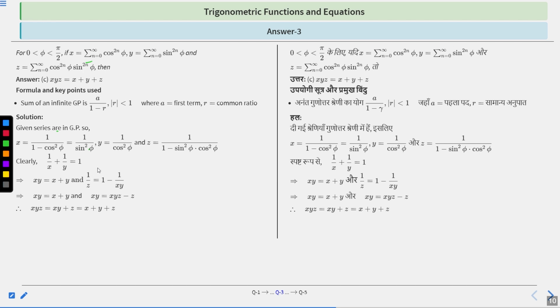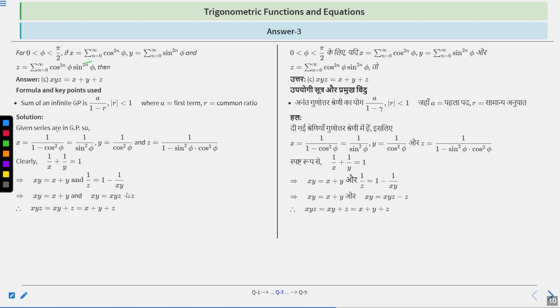Now, you can write 1 by z. See, when you reciprocate z, you will get 1 by z is equal to 1 minus sin square phi into cos square phi, which is 1 minus 1 by x into y. Therefore, 1 by z is equal to 1 minus 1 by xy. Now, when you solve and do cross multiplication, you will get xy is equal to xyz minus z.